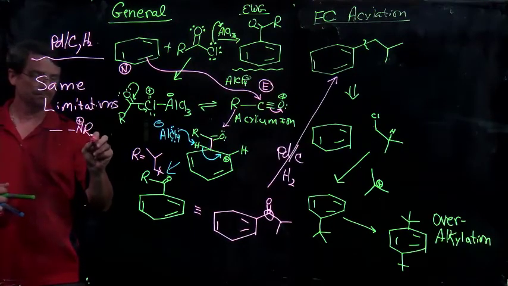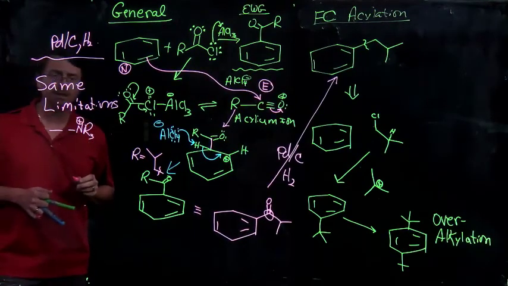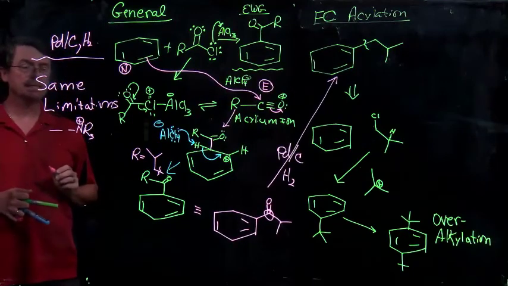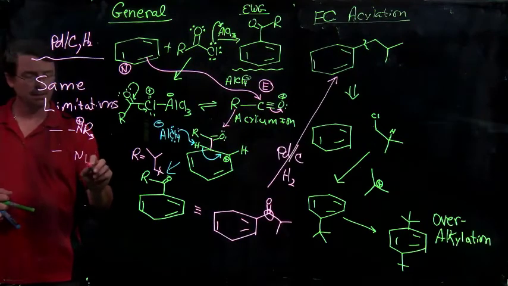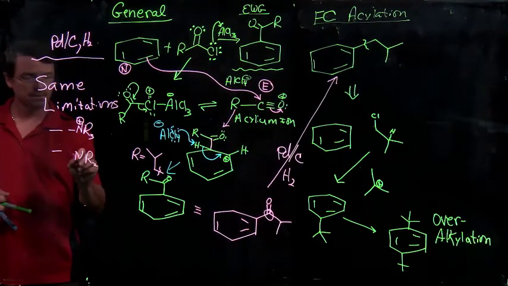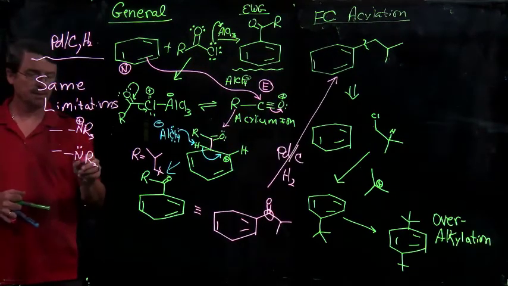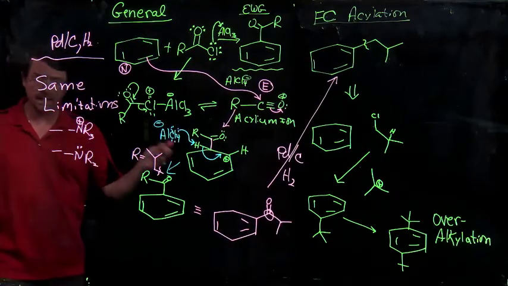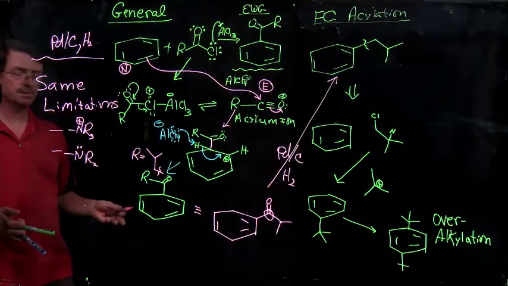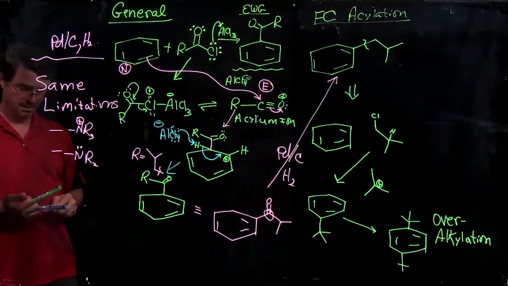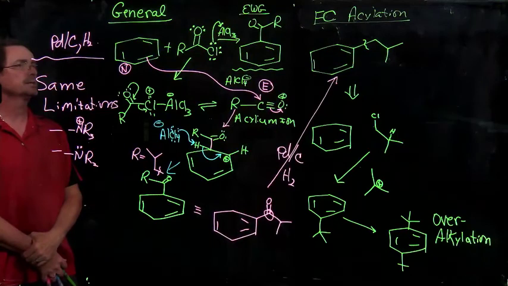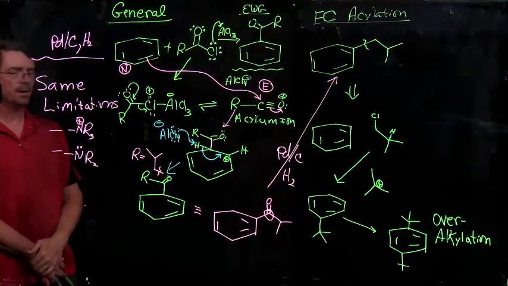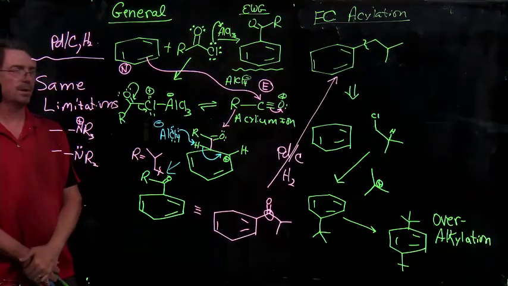Remember, something like ammonium, that's a meta-directing deactivator group, nor can it be the amines, because they have a lone pair. That lone pair interacts with the Lewis acid, and that Lewis acid-Lewis base reaction is the fastest. Okay, so that's a little bit about scope and limitations of the Friedel-Crafts acylation. It solves some of the problems, but of course not all of the problems of the Friedel-Crafts alkylation chemistry.